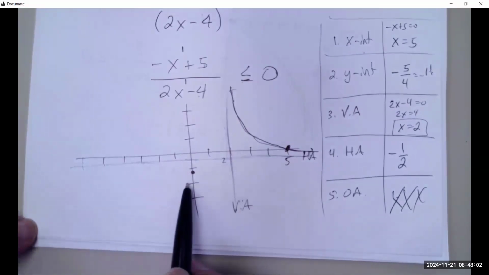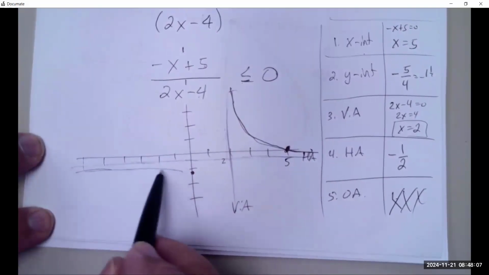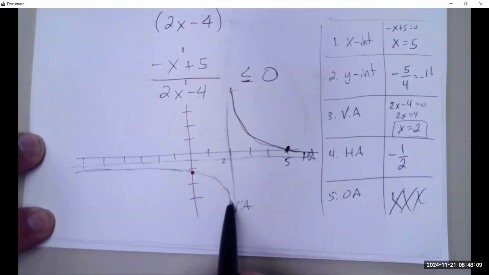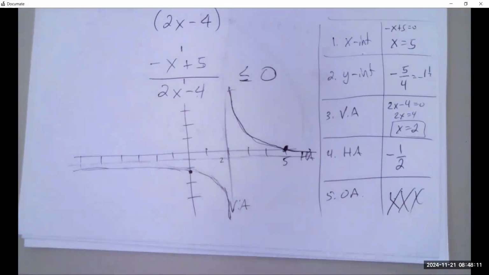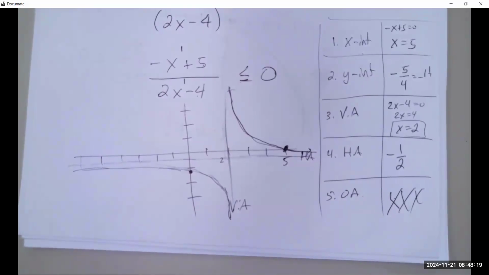And I'm in the third quadrant because I only have a y-intercept and I can't cross the asymptotes. So there's my graph. That just draws the graph. I haven't answered the question yet.